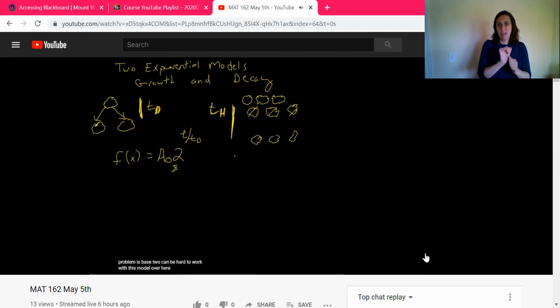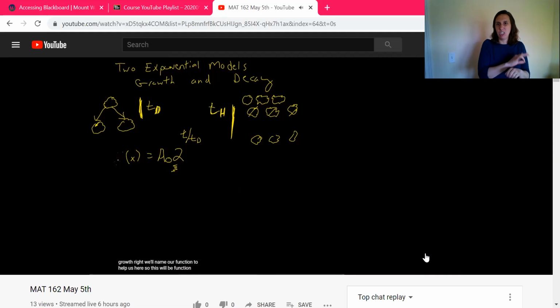This model over here, when we first look at it, and actually, you know what, since this is growth, I will make this G, function G for growth, right? We'll name our function to help us here.